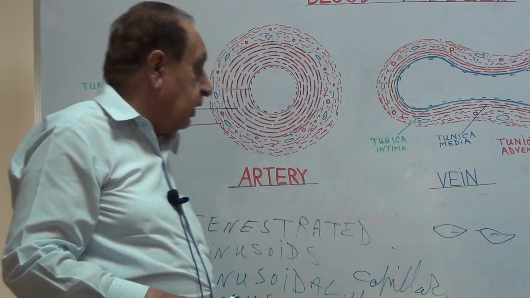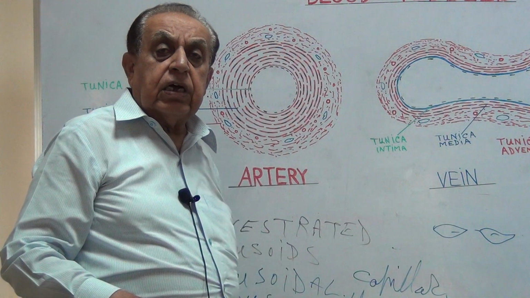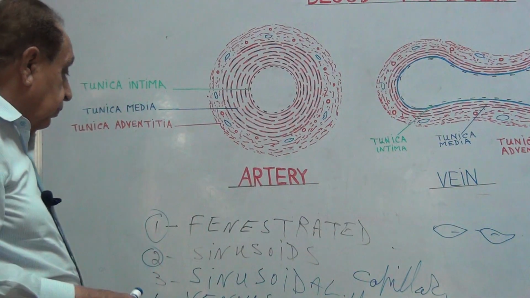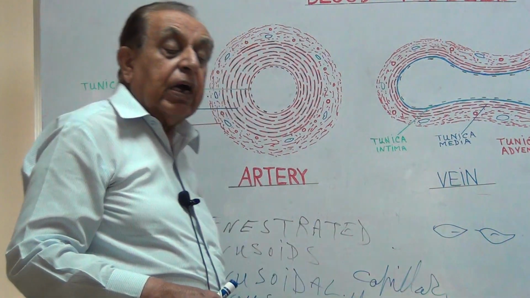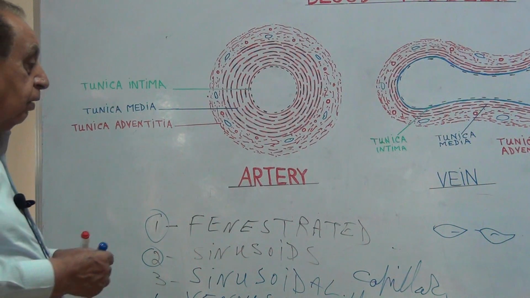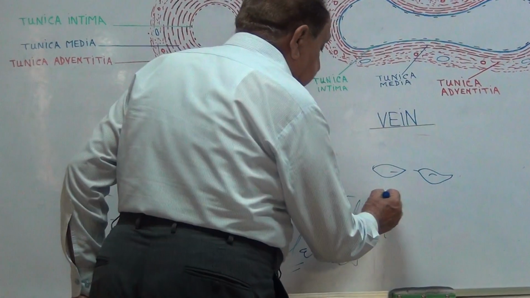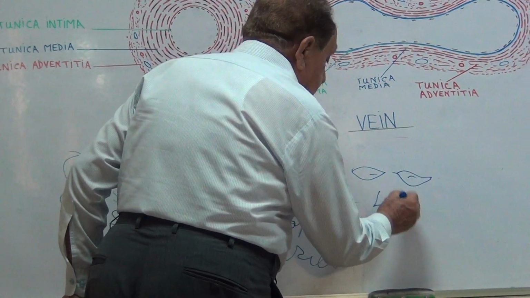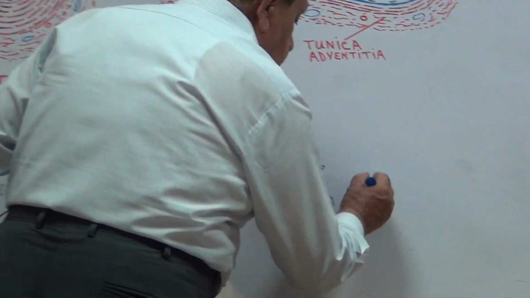The endothelium also contains macrophages. The sinusoids are present in the liver and bone marrow.